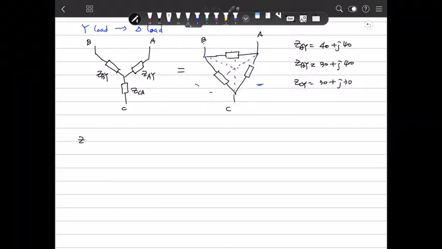This is GBC delta, this is GCA delta. The sequence is ABC. So this is GCA delta, and this is GAB delta. Then GBC delta.